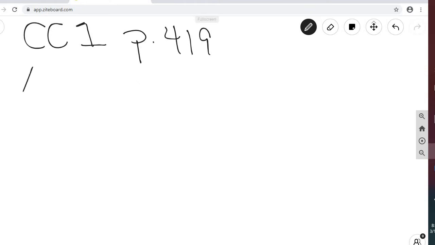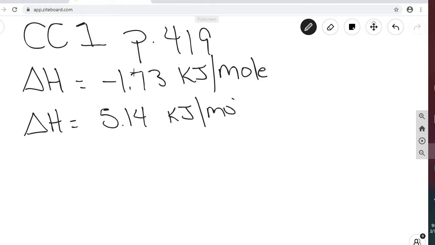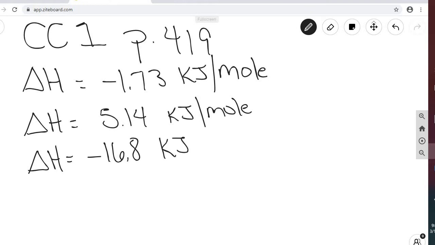The first one is delta H equal to negative 1.73 kilojoules per mole. The second one, in a different reaction, is delta H equal to 5.14 kilojoules per mole. And the third one is delta H equal to negative 16.8 kilojoules per mole.